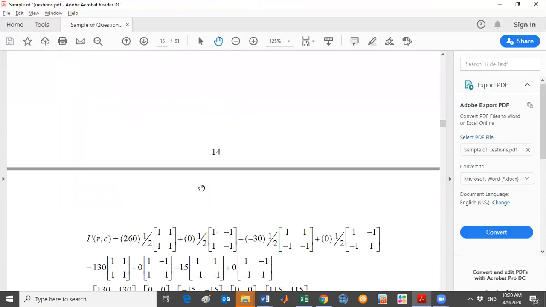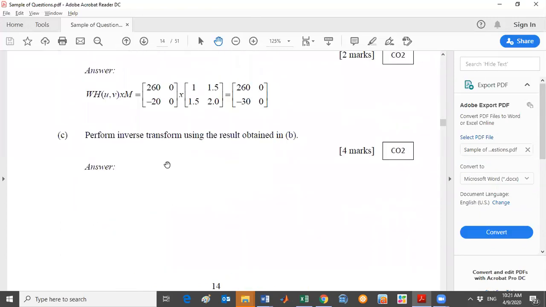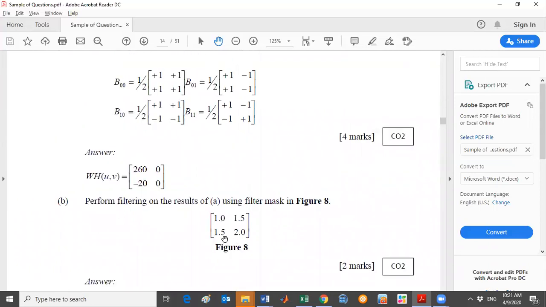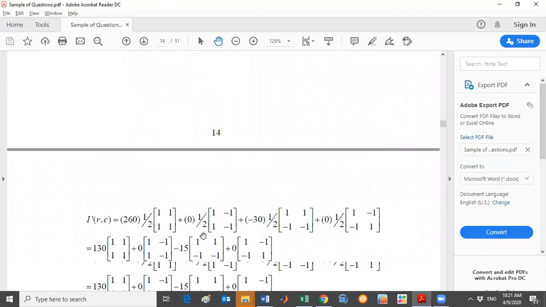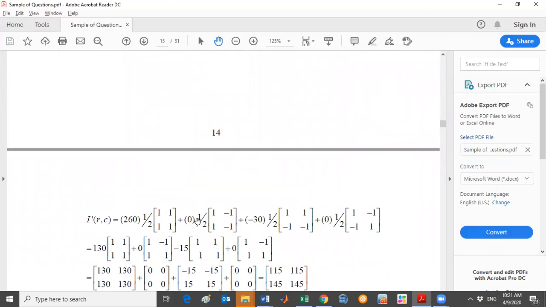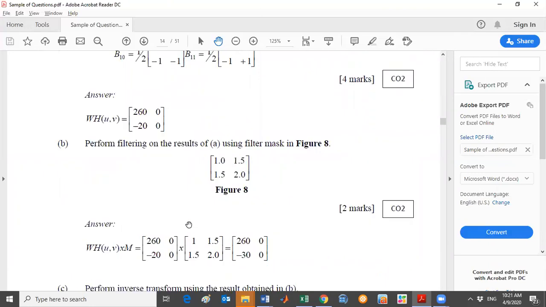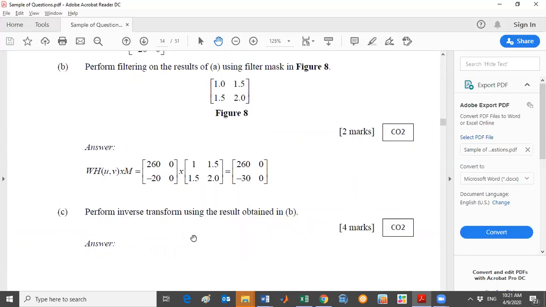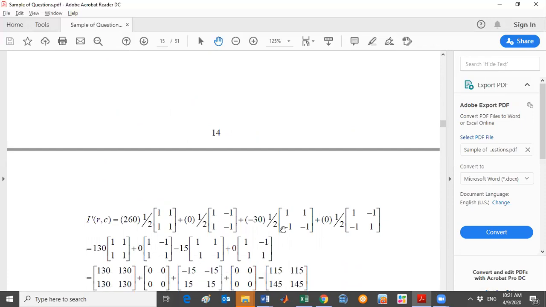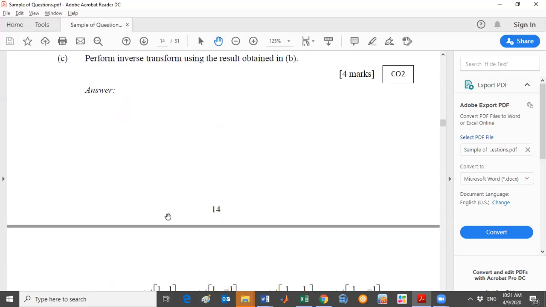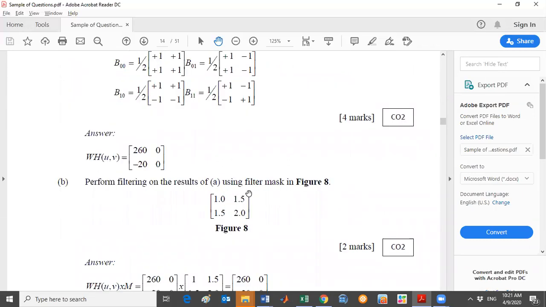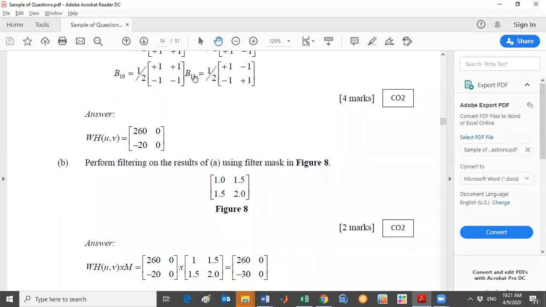Okay, so you take 260 multiply with B00, and then you take 0, which is this one, 0, multiply with B01, okay, and then negative 30, why negative 30, this one, negative 30, multiply with B10, and then 0 multiply with B11.